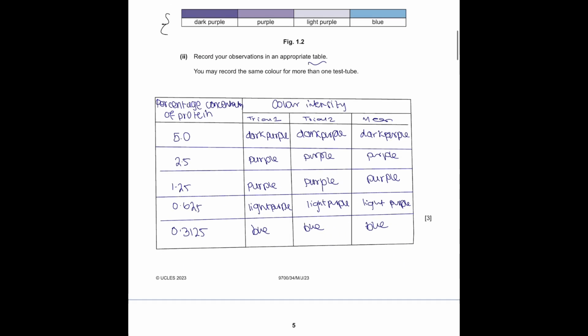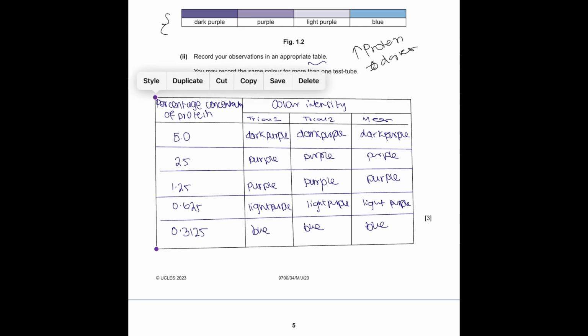Okay, so we know the percentage concentration of protein. As the percentage concentration increases, like the protein increases, obviously the color is going to be darker. Okay, so here I did a percentage concentration column and a color intensity column, and I did trial 1, trial 2, and mean.